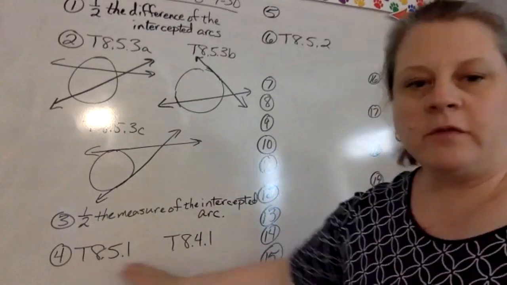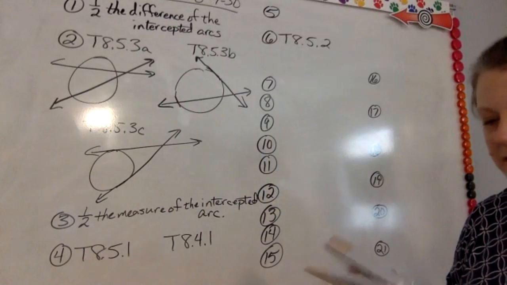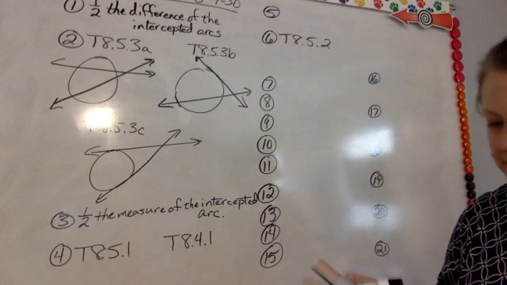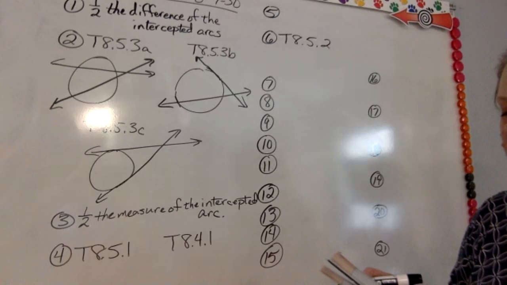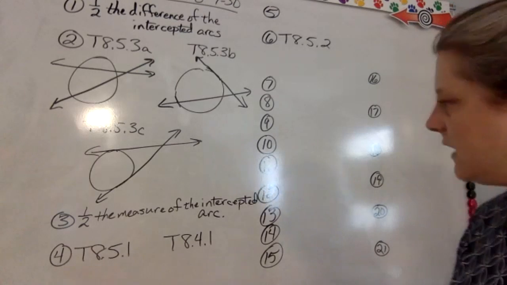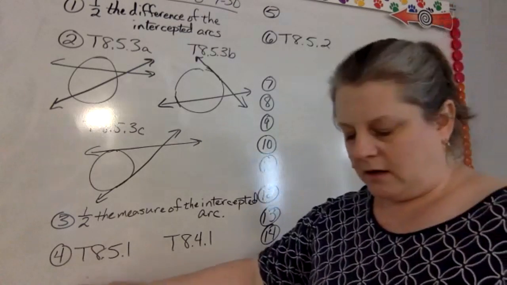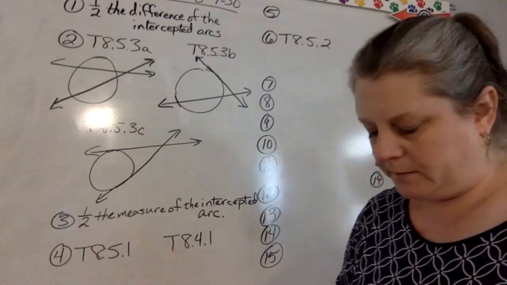Now, number 4 is wanting us to draw pictures again. They're insistent on making us try to draw in this section. It says sketch the 2 cases for exercise 3. Label each case with the corresponding theorem number. So I already wrote the theorem numbers here. The first theorem was 8.5.1 and the second theorem was 8.4.1.